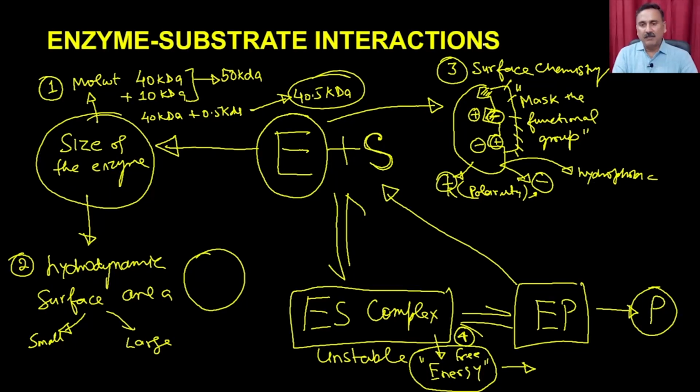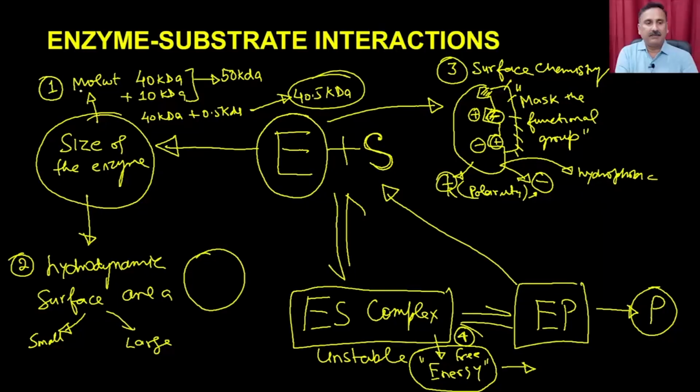And all these properties can be studied with the help of different types of techniques. For example, if you want to know whether the molecular weight is going up or down, you can do electrophoresis, right?